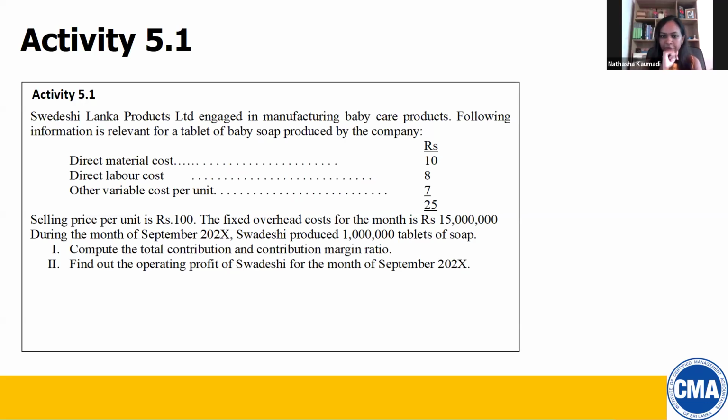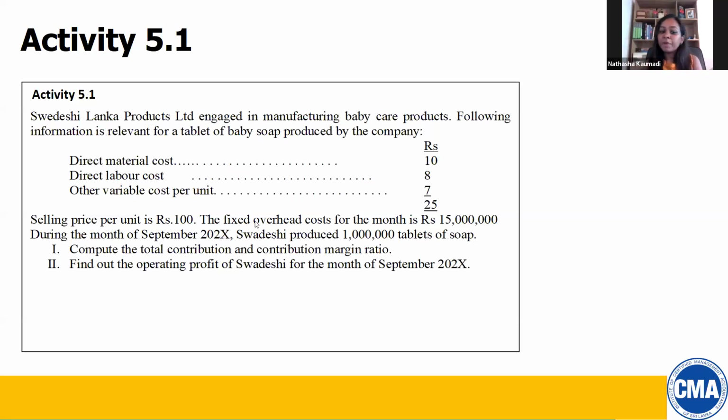Contribution per unit is 75, selling price is 100, 75 divided by 100, 75%. That is your contribution margin ratio, CS ratio, right?